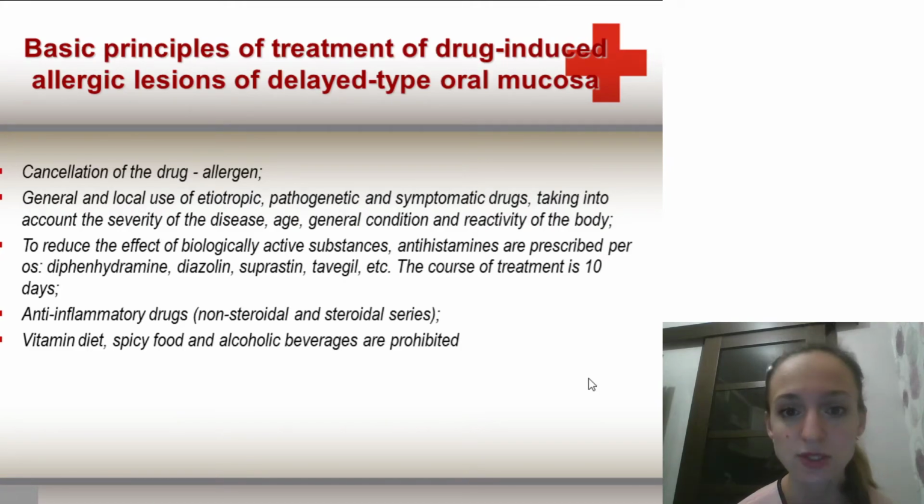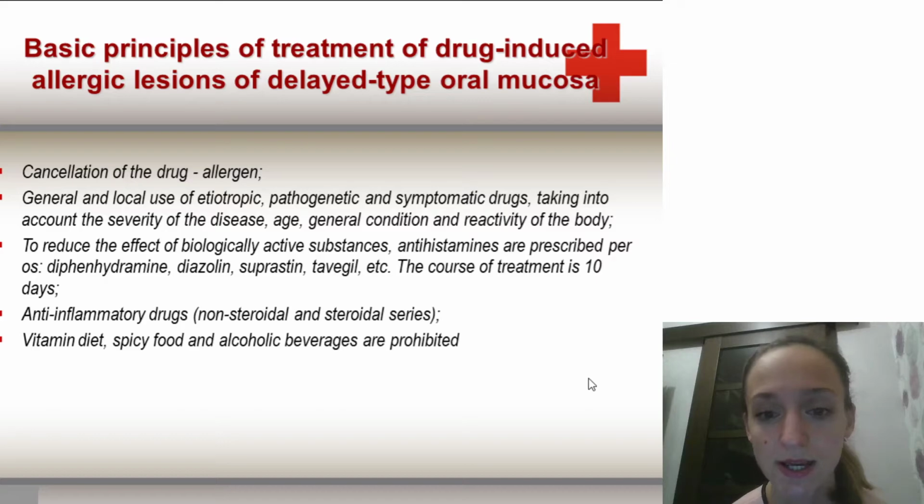Basic principles of treatment of drug-induced allergic lesions of delayed type of the oral mucosa. Cancellation of the drug, which is the allergen. General and local use of etiologic, pathogenic, and symptomatic drugs, taking into account the severity of the disease, age, general condition, and reactivity of the body.